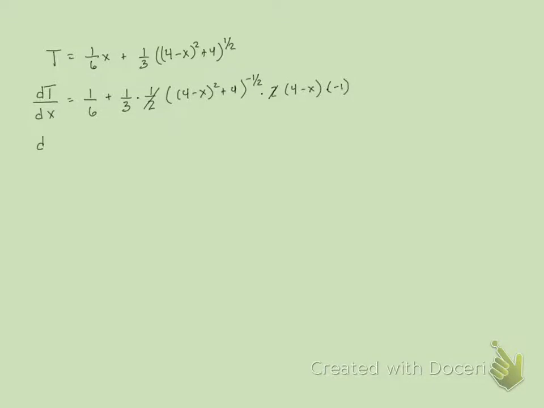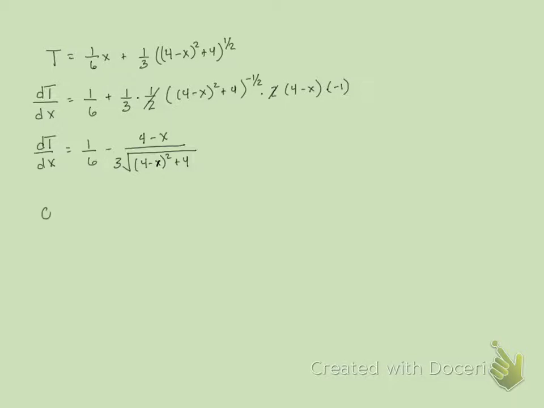So we will have that the derivative is going to be 1/6 minus 4 minus x over the square root of 4 minus x squared plus 4. And we want to solve this, or we're going to set this equal to 0 and solve for x. So, oh, I'm missing my 3. There's a 1/3 there. There we go.